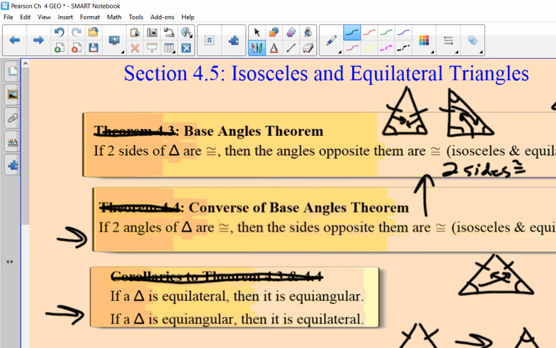So just the converse of itself, not a huge deal there. But one thing I will say for this equiangular, equilateral situation: if all the angles are equal in a triangle, remember a triangle is 180 degrees, then all the angles should be 60 degrees. Okay, so that's just another little footnote you need to have for that theorem.